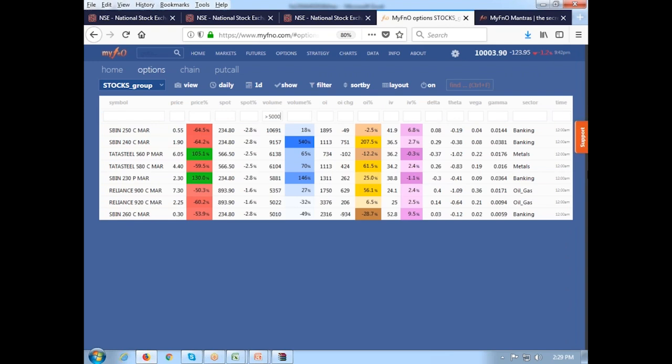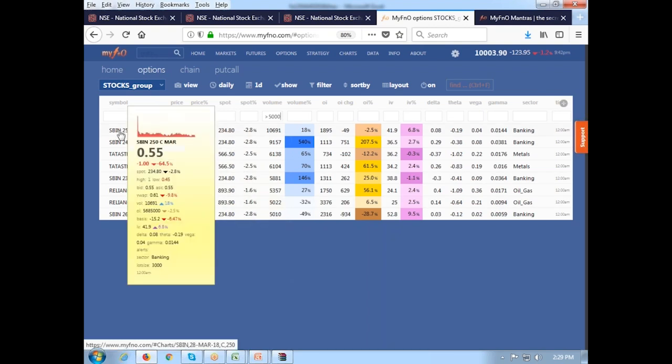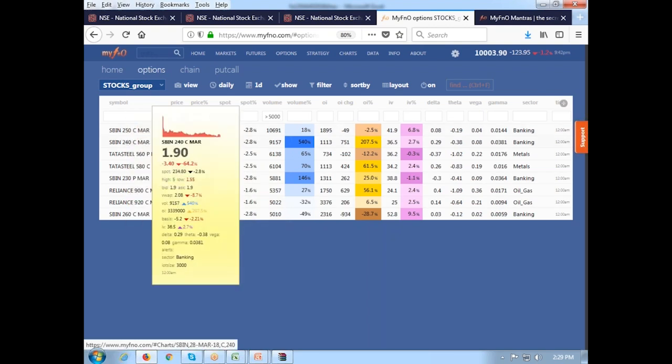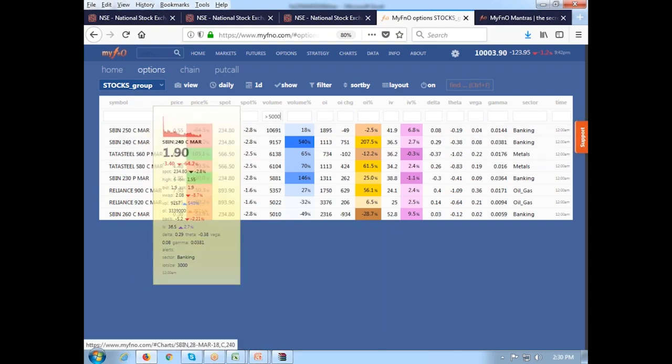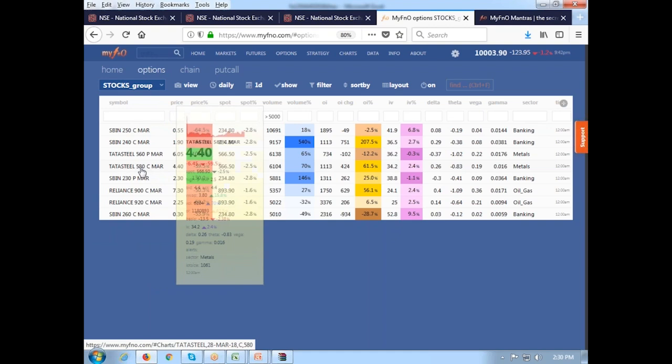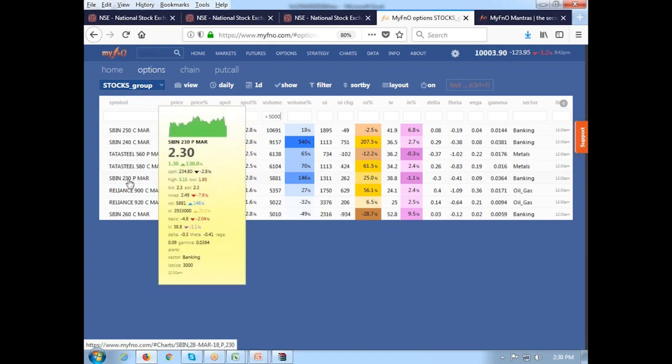I mean, I'm talking about these type of stocks. 250 is a call option, 240 is a call option, different contracts. SBI 250 call option, SBI 240 call option, Tata Steel 560, Tata Steel 580, SBI 230 put is another contract.